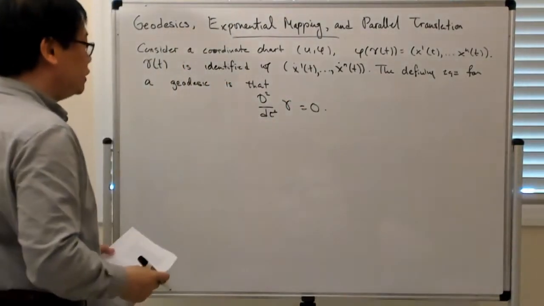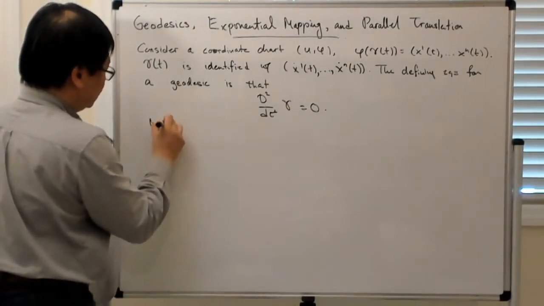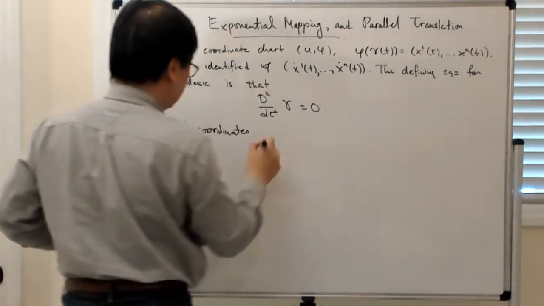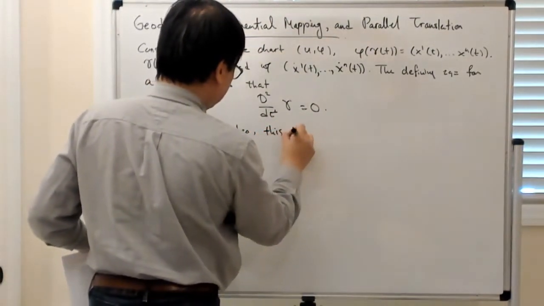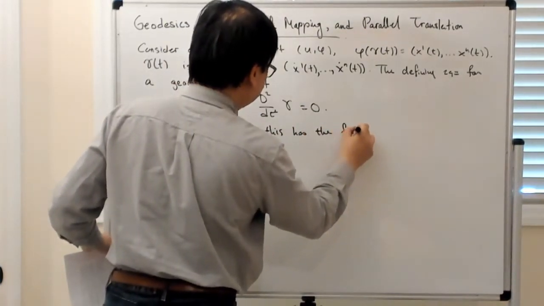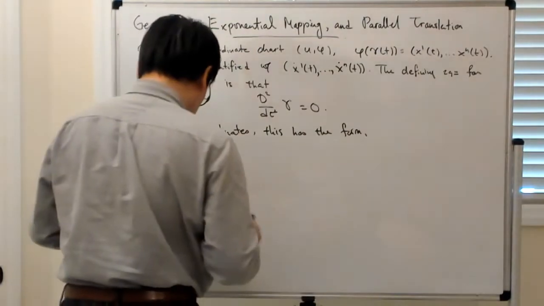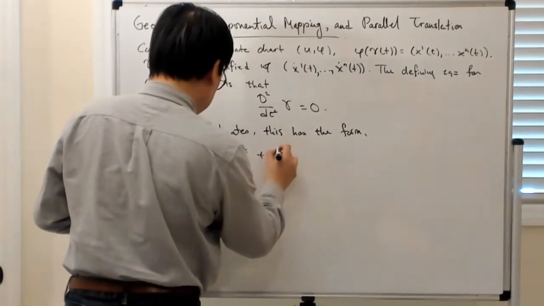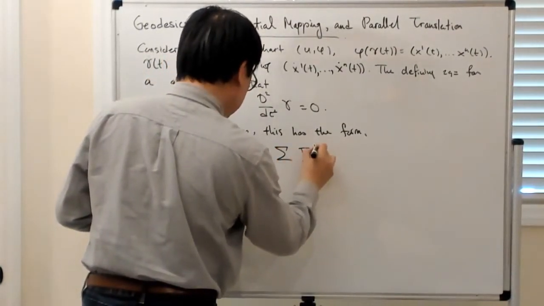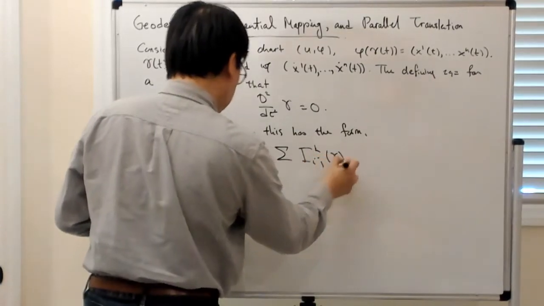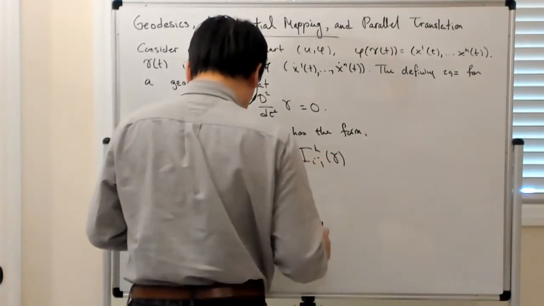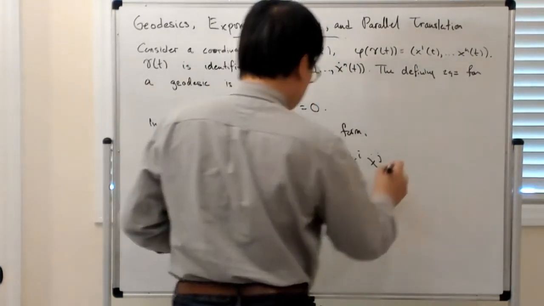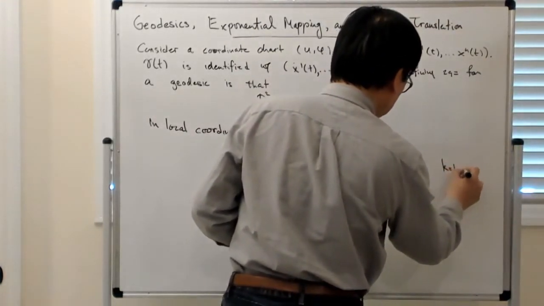So the acceleration vector field vanishes, and in local coordinates this looks like the following: the second derivative of x^k plus the sum over the Christoffel symbols equals 0, for k equals 1 to n.